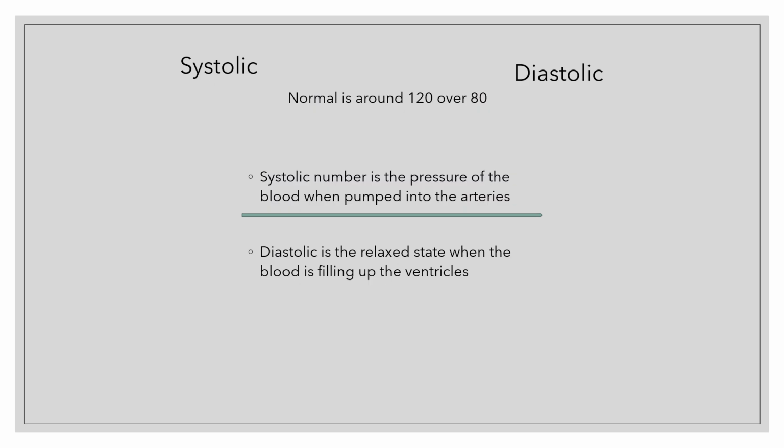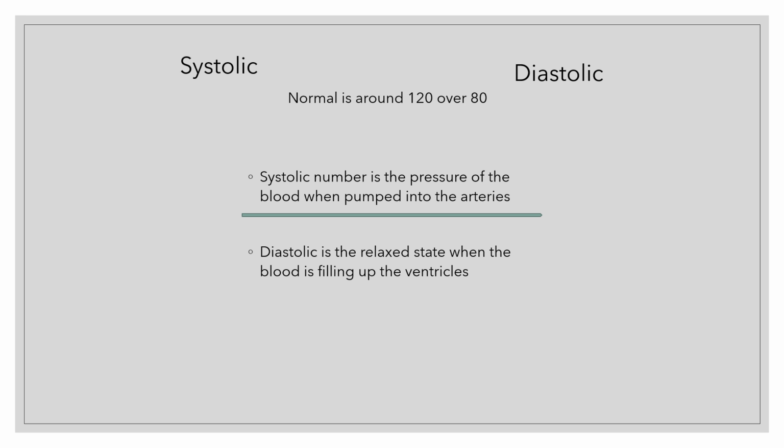So systolic goes over diastolic, and the normal is around 120 for the systolic top number and about 80 for the bottom number. The top number is the pressure of the blood when pumped into the arteries. If you were to think of a heartbeat, it would be at the peak of that beat.